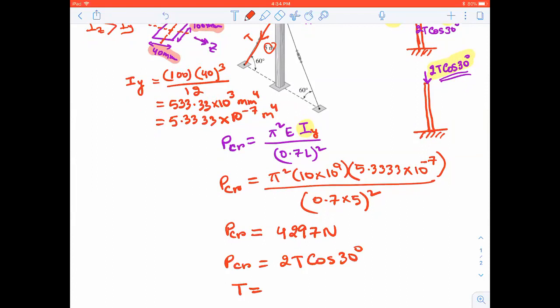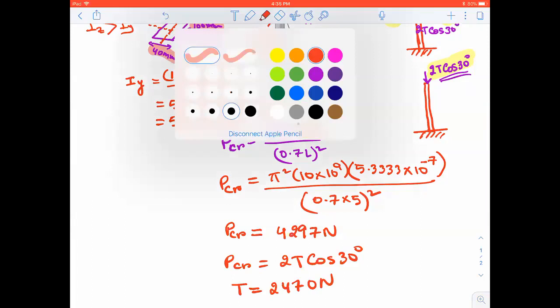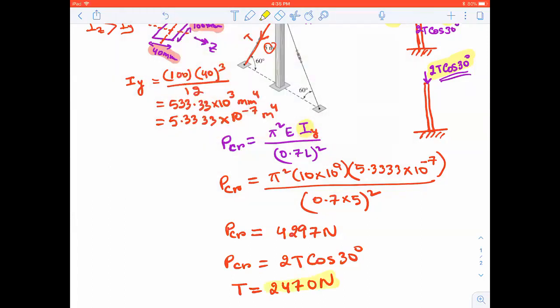You know that it's 4,279, and that is the minimum critical load, the critical load that you have, and this is the tensile load that will cause that critical load.